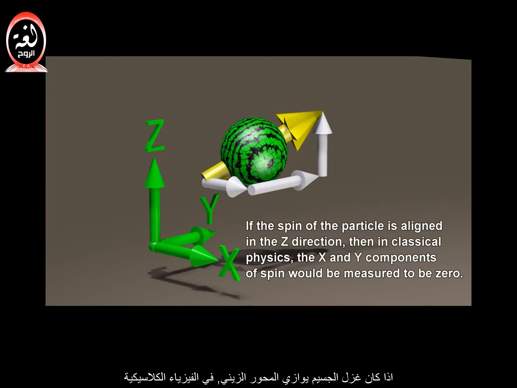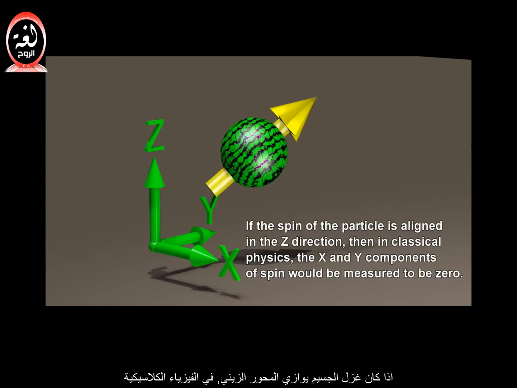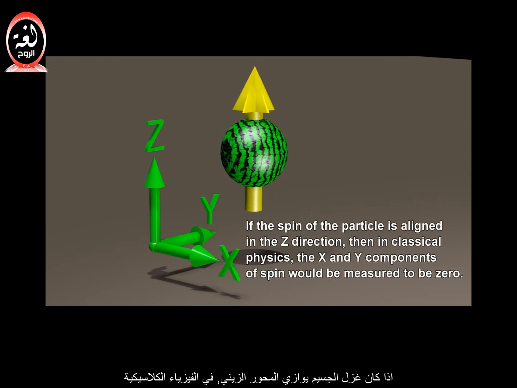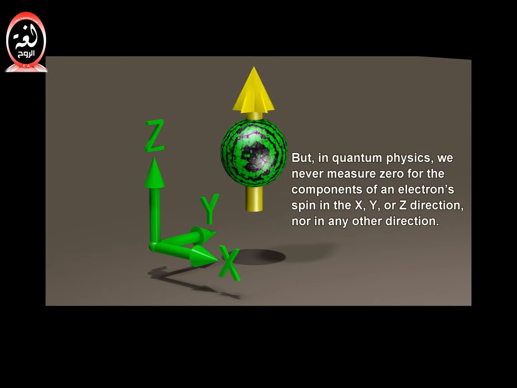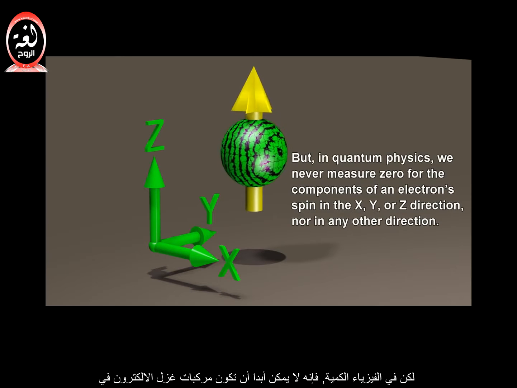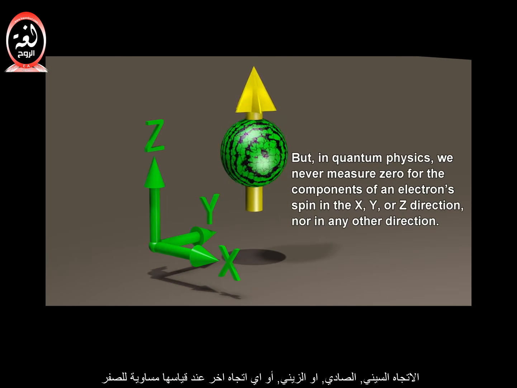If the spin of the particle is aligned in the z direction, then in classical physics, the x and y components of spin would be measured to be 0. But in quantum physics, we never measure 0 for the components of an electron's spin in the x, y, or z direction, nor in any other direction.